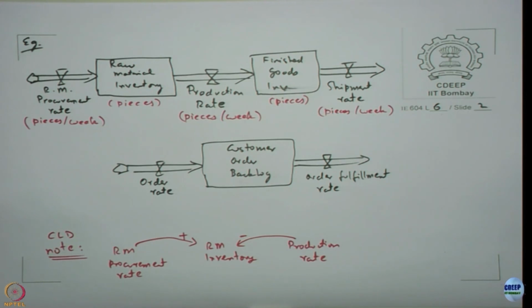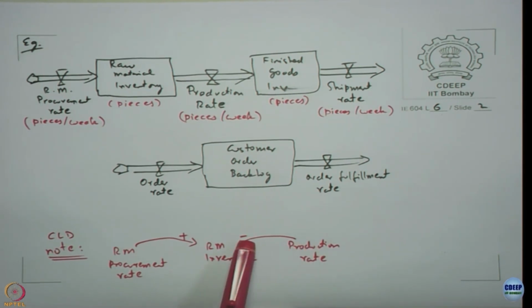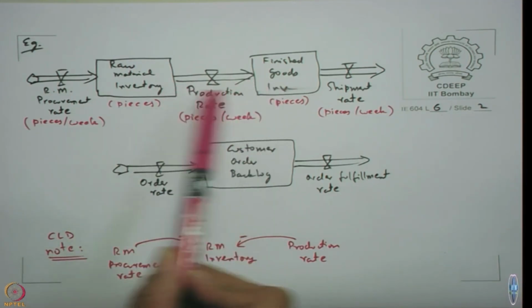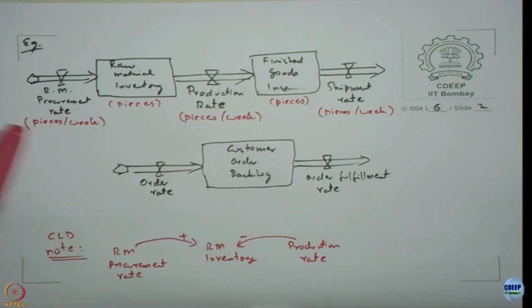So, when you see descriptions like this, this negative arrow, I mean the arrow with a negative causal direction, is denoted by an outgoing arrow here, okay. So, you can see this image in contrast with this. You will get similar thing here like order rate, customer order backlog, order fulfillment rate, exactly similar linkages, right.